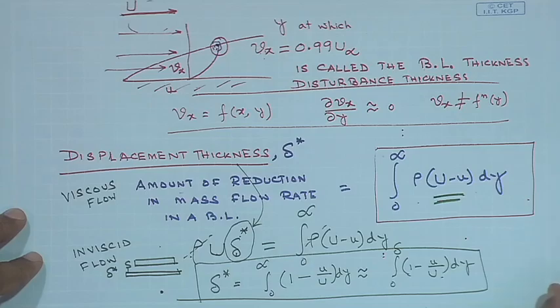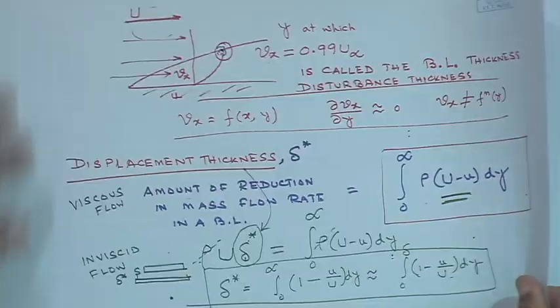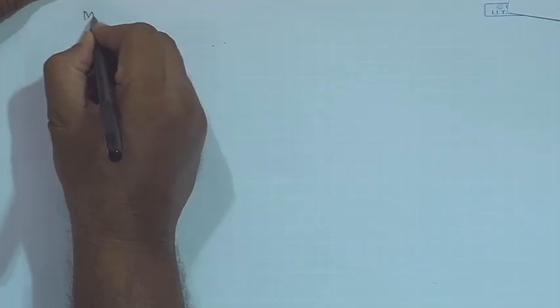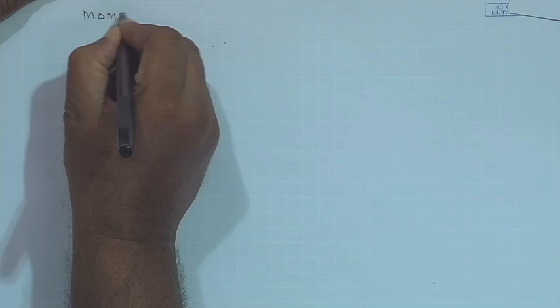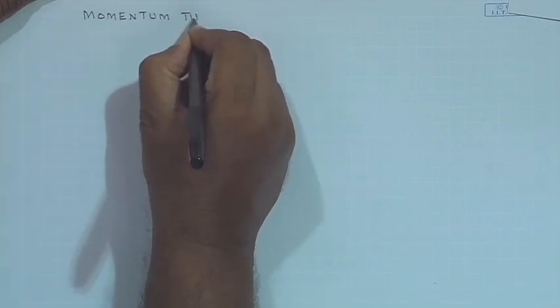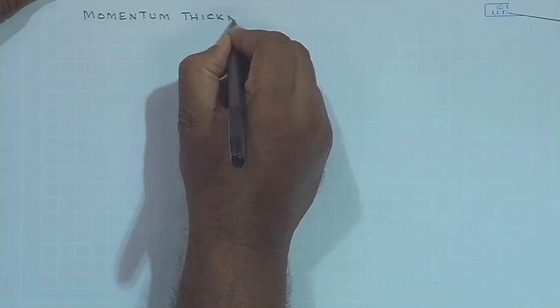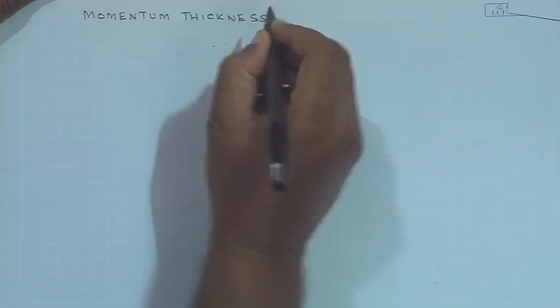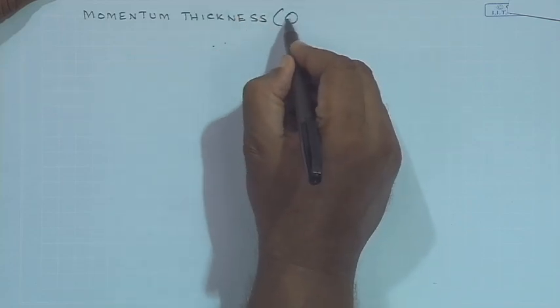There is one more definition which we need to cover before we close this class, which is known as the momentum thickness, denoted by the symbol theta.